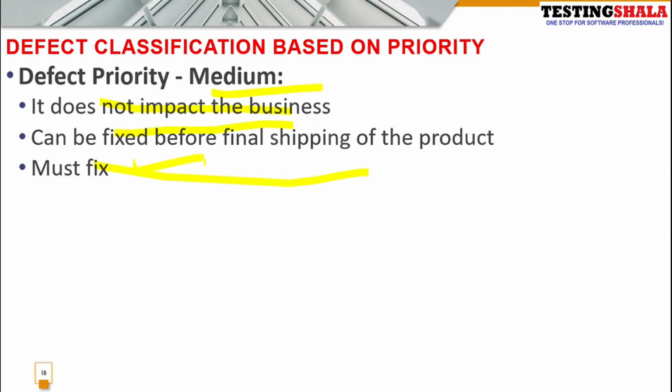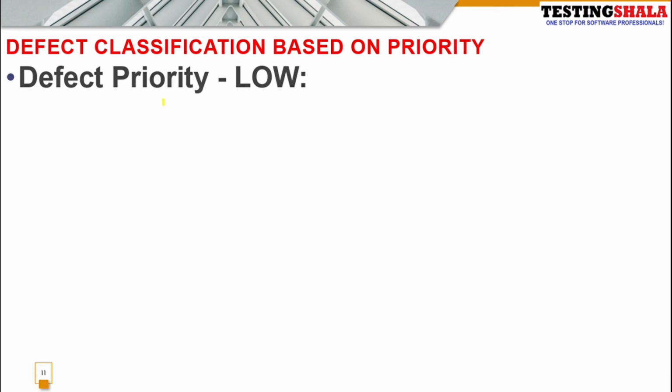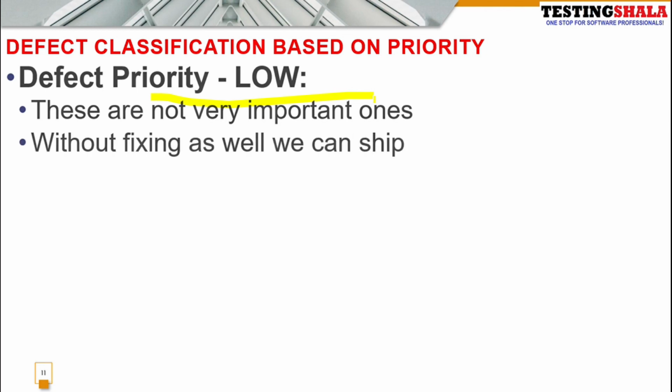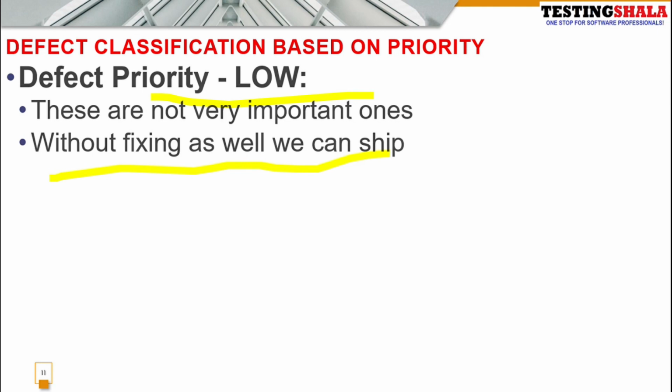Then the next type of priority is low defect priority. Low priority defects are not very important, and even without fixing them, we can still ship the product and take care of these defects in later stages. That is also a possibility under defect priority classification.